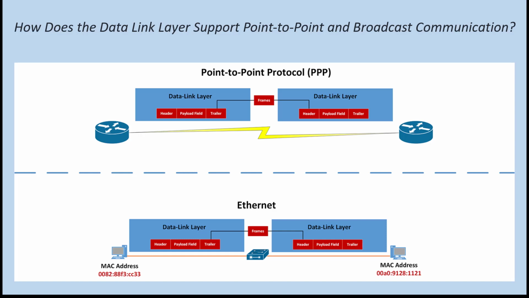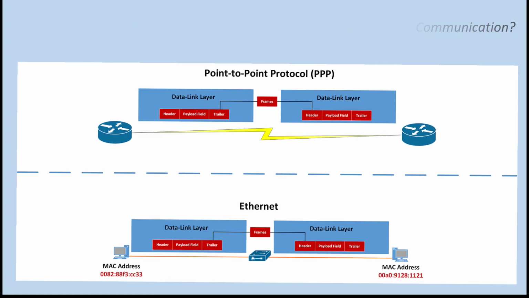The data link layer, with its protocols, sets the stage for how our data is packaged and sent, giving each communication scenario its own style and efficiency. It's like the director of a play, making sure the performance suits the audience and the actors, our devices, and data.